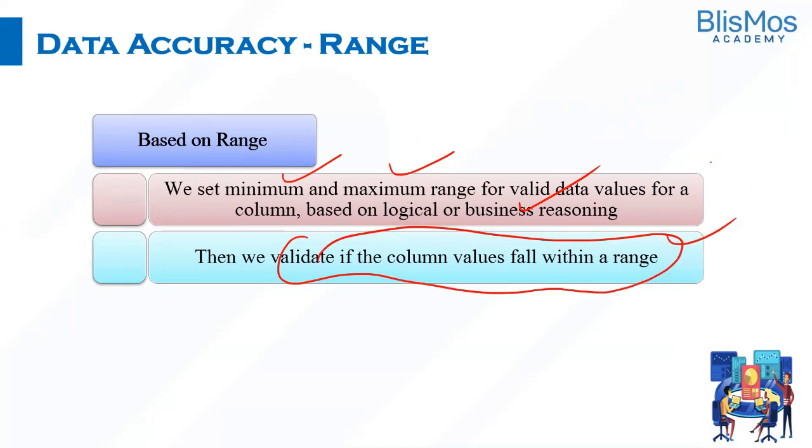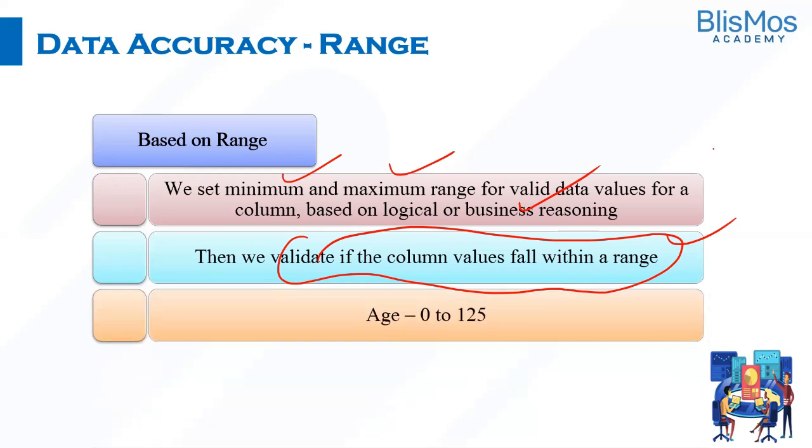For example, as a part of the project, they would have specified age can be 0 to 125. So in that particular project, if somebody wants to enter 127, 150, 200,000, this particular column should not allow them to enter a value greater than 125 years. That is the range.